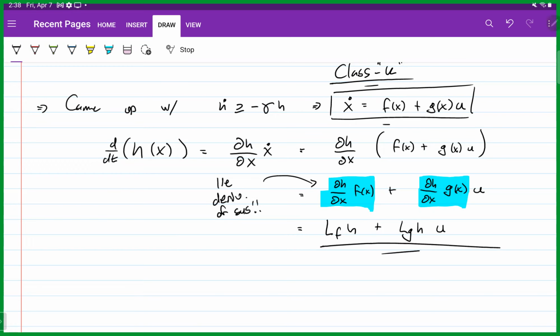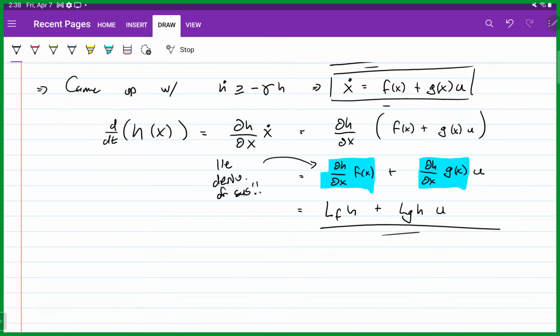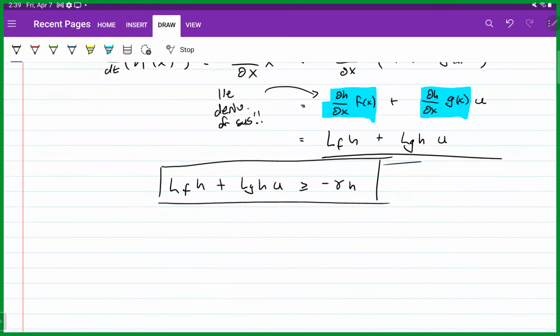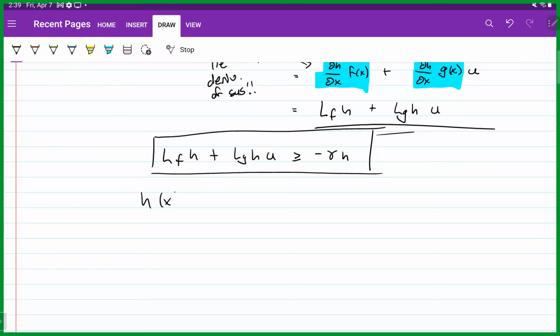So what we see in this case is that we can end up writing our safety constraint h dot is greater than or equal to minus gamma times h as LFH plus LGH times u is greater than or equal to minus gamma times h, okay? So what we've done is we've taken our constraint on safety, h of x is greater than 0, and we've transformed that into a constraint on our input u. All right, great.